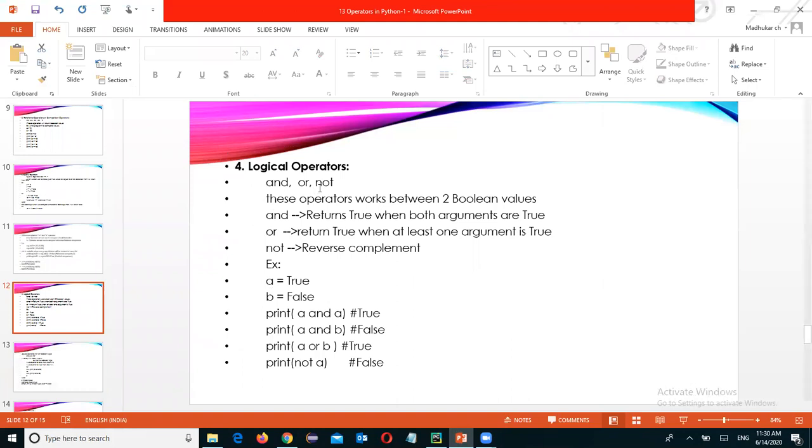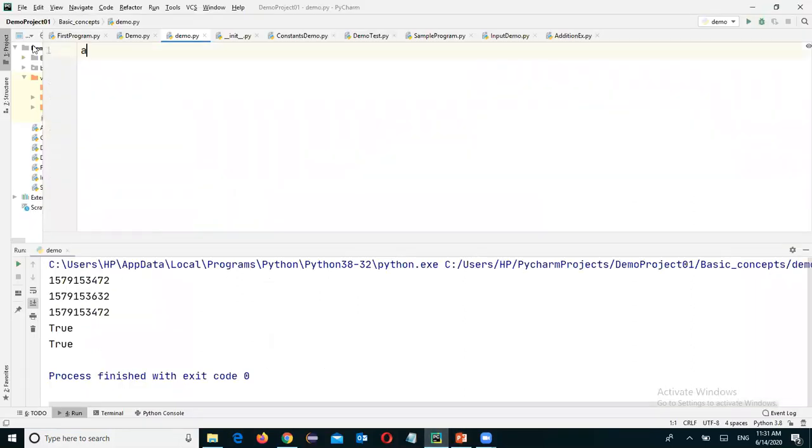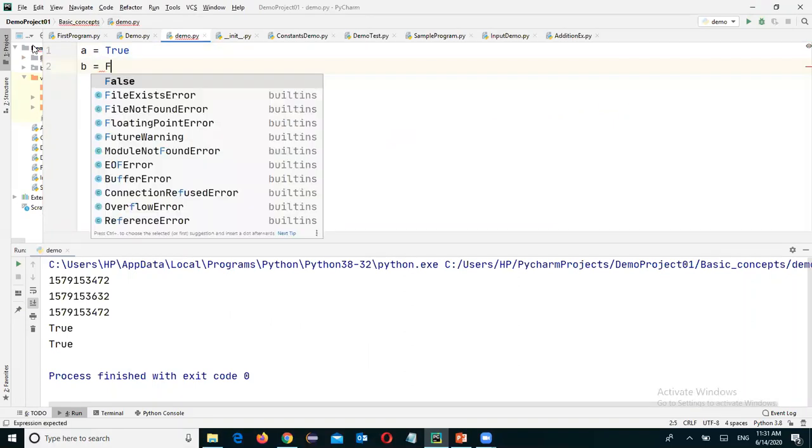Logical operators: and, or, not. These operators work between two Boolean values. And returns true when both arguments are true. Or returns true when at least one argument is true. Not reverses, the complement. A equal to true, B equal to false.